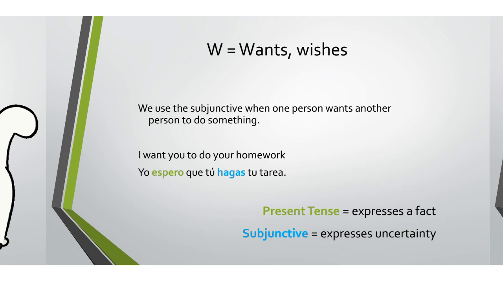So wants and wishes. We can use the subjunctive when one person wants another person to do something. So think more of like the things that you want other people to do. So not necessarily things that you want to do, because we have control over what we want to do, right? Like if I say I want to go eat some chocolate, then I would just go eat some chocolate, right?